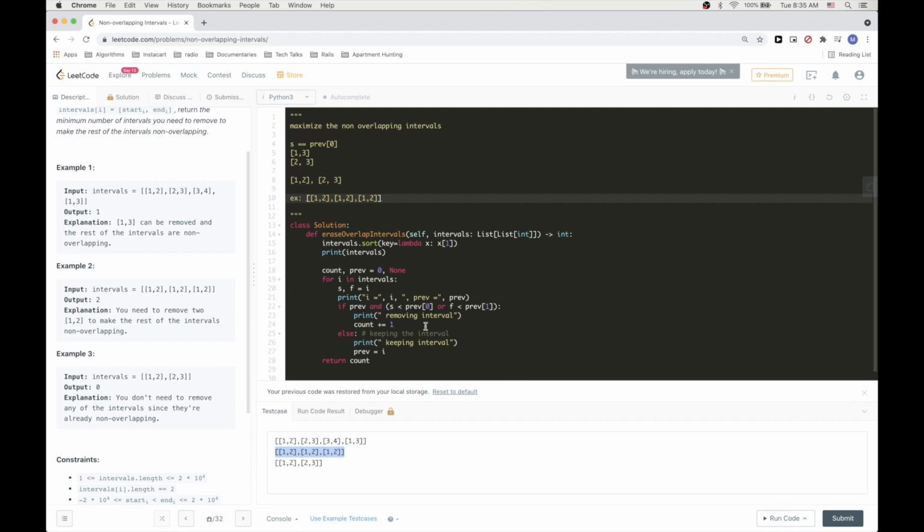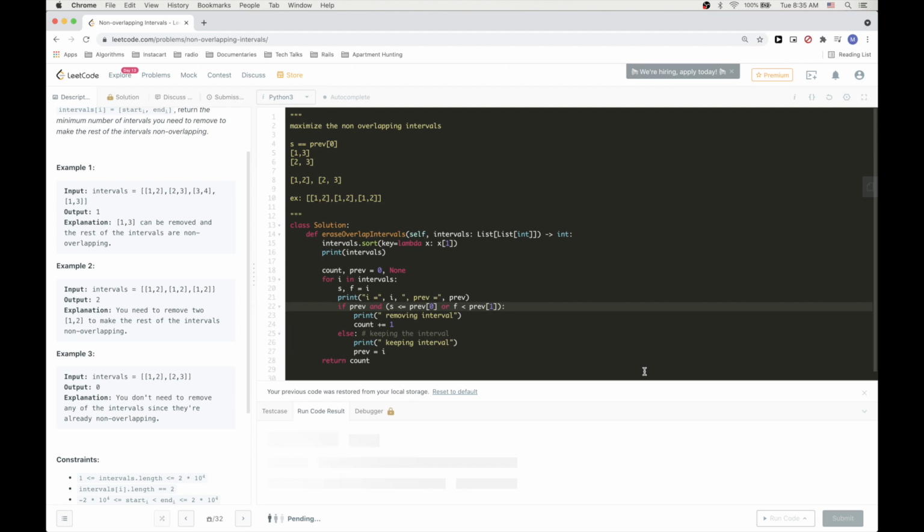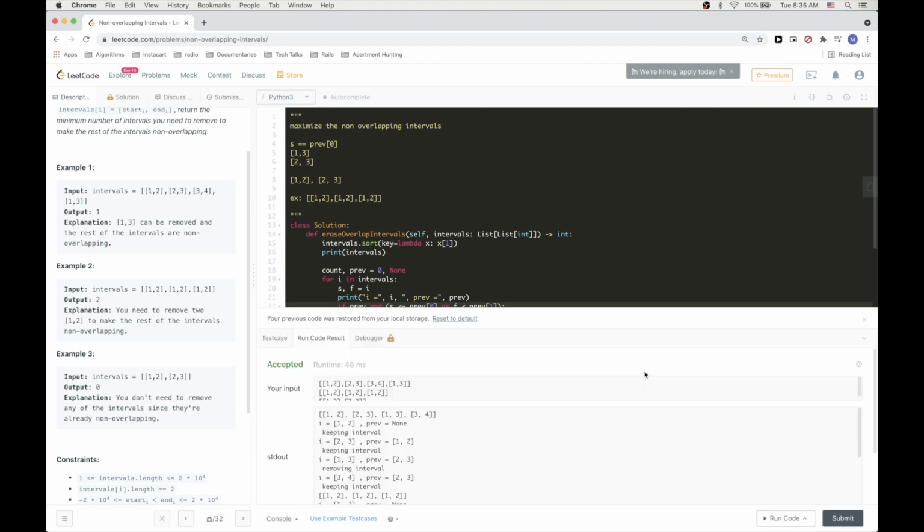I'm not sure we need to check equal in all cases, actually just for the start, because the end can be different. This one should work: 1 2, 2 3.